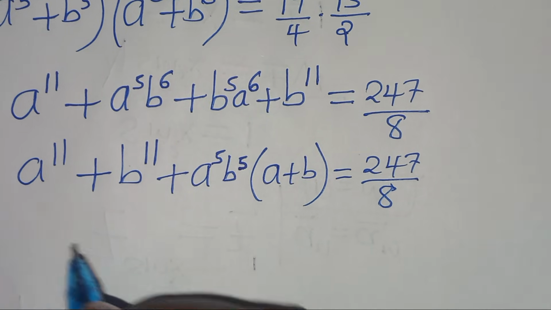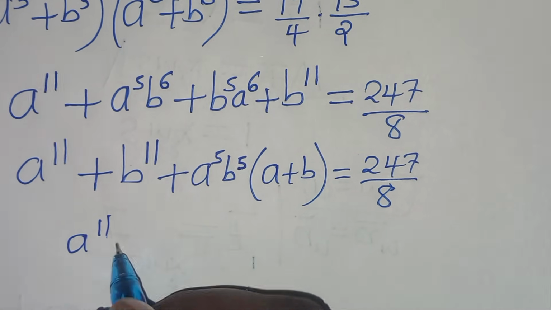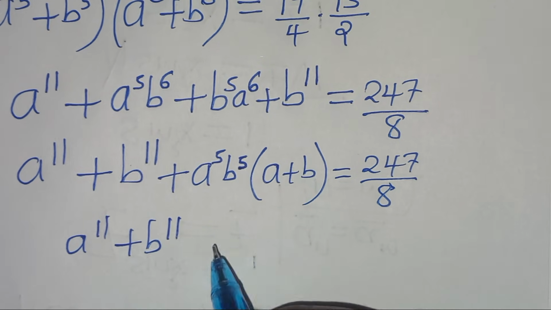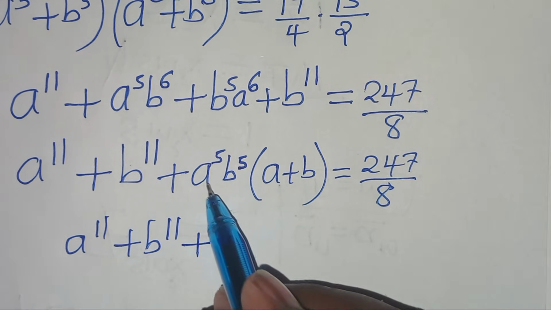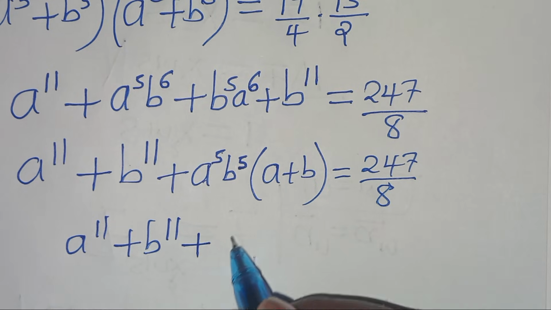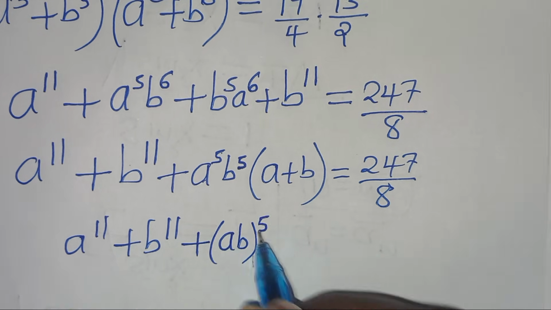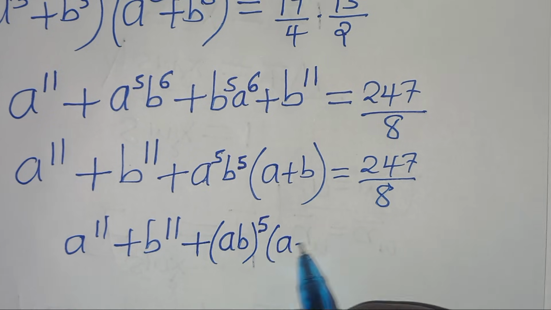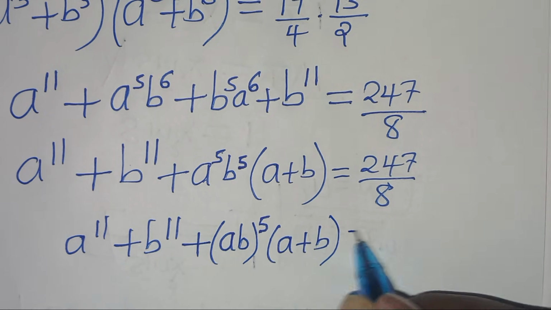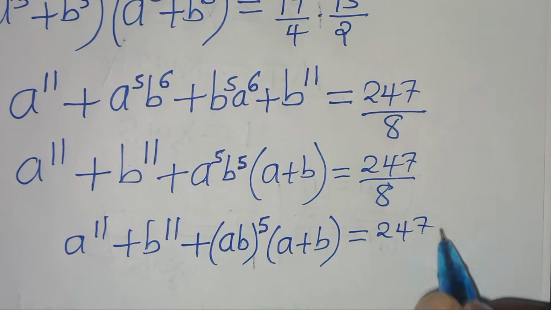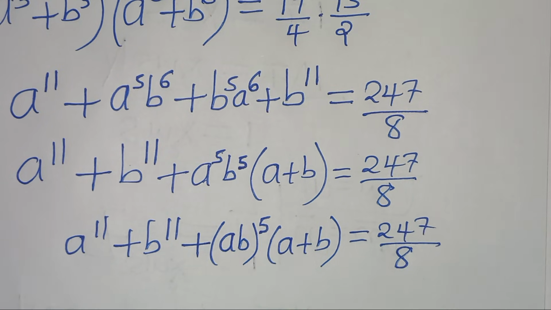The next step is that we have a to the power of 11 plus b to the power of 11, then plus, we can express a to the power of 5, b to the power of 5 as ab raised to the power of 5, then multiplying by a plus b. This is equal to 247 divided by 8.